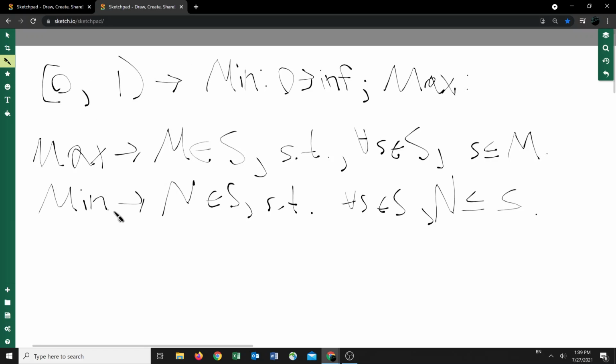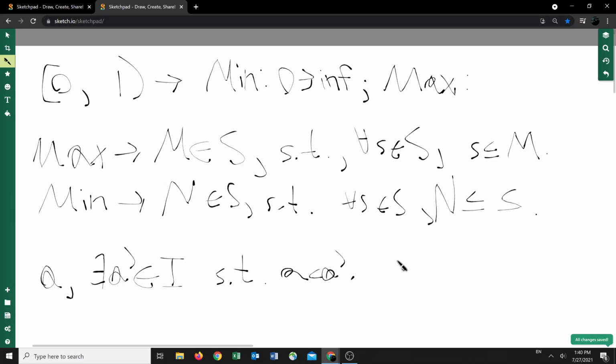To show that there's no max, it suffices to show that for any element, say A, in that interval, there exists an A prime in the interval I such that A prime is greater than A. And we're working in the real numbers here.